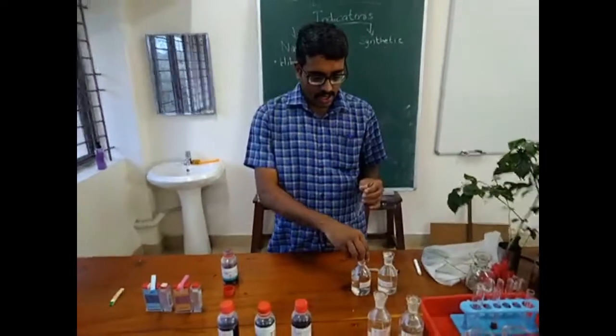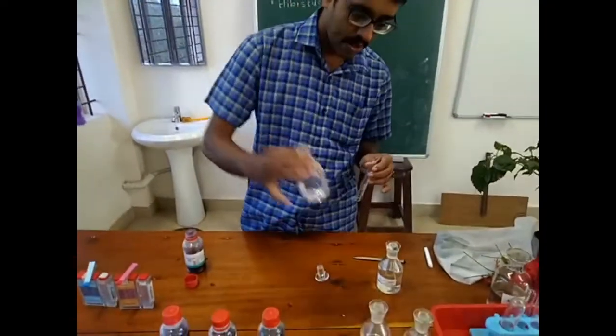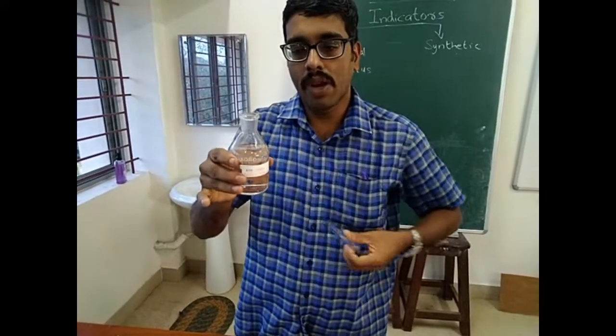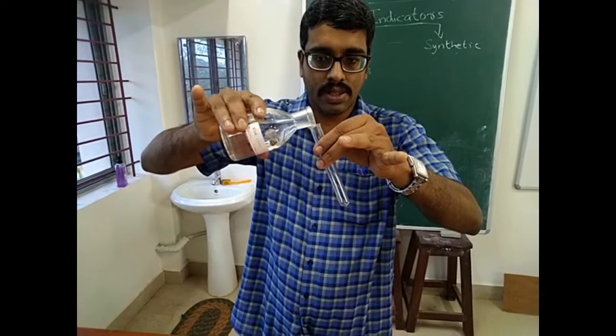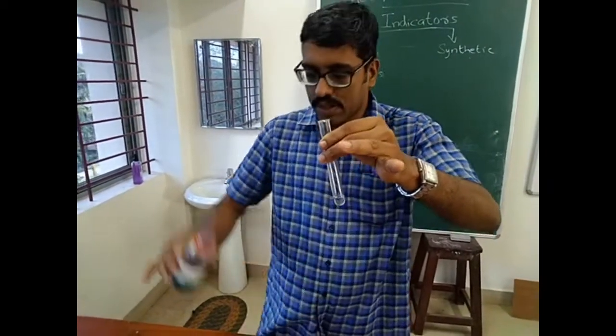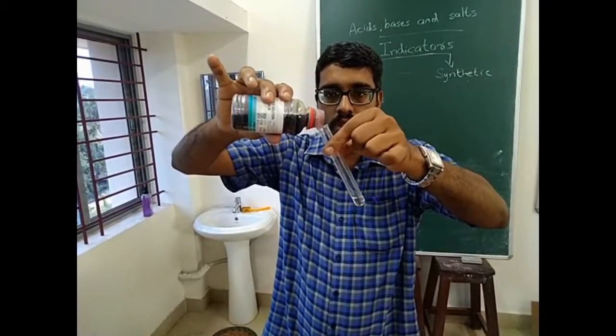Now we are using a base, potassium hydroxide, KOH solution. You can see KOH solution diluted. I am going to pour around 5 ml of KOH into a test tube and test with blue litmus. This is around 5 ml. So I am going to pour blue litmus into KOH solution, which is a base.